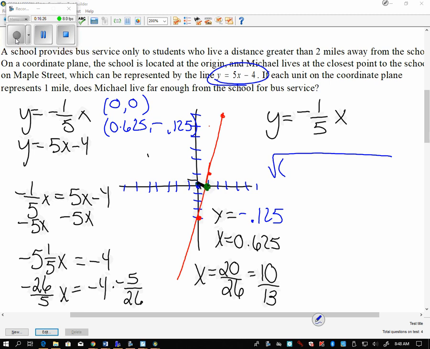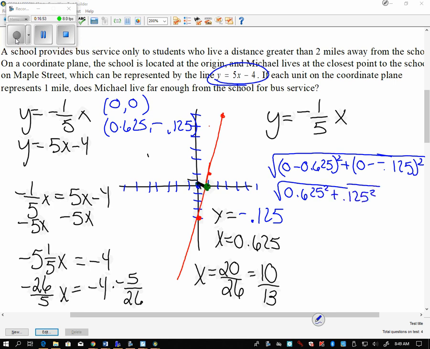So I'm going to get 0 minus 0.625 squared plus 0 minus negative 0.125 squared. Ultimately, the 0 really doesn't matter. I'm getting 0.625 squared plus 0.125 squared.